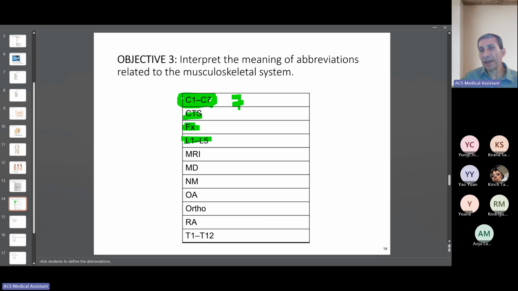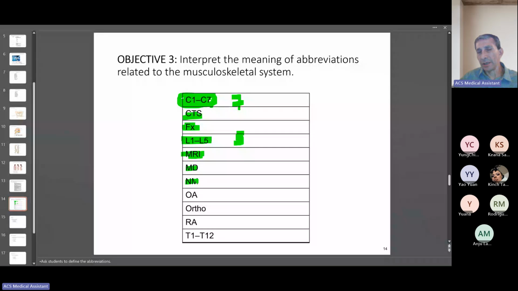L1 to L5, L is lumbar. These are the lumbar region vertebrae. There are 5 of them: L1, L2, L3, L4, L5. MRI, remember, is magnetic resonance imaging. MD, muscular dystrophy.